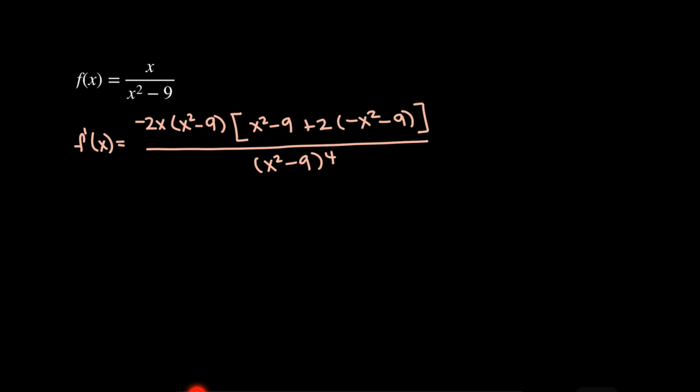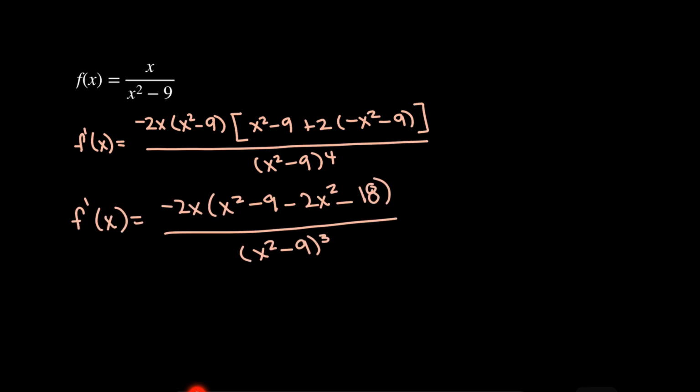Let's do some more algebra. There is a common factor of x squared minus 9. So I'm going to start by canceling that out. Then in the parentheses, I'm going to distribute this 2 to the -x squared minus 9. So my numerator, we still have that -2x left. And then times x squared minus 9 minus 2x squared minus 18 all over x squared minus 9 to the 3rd.